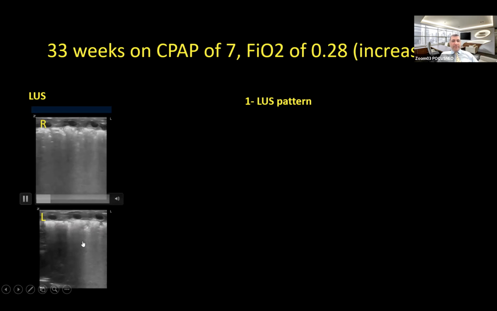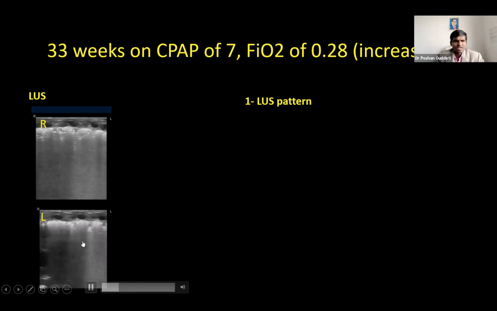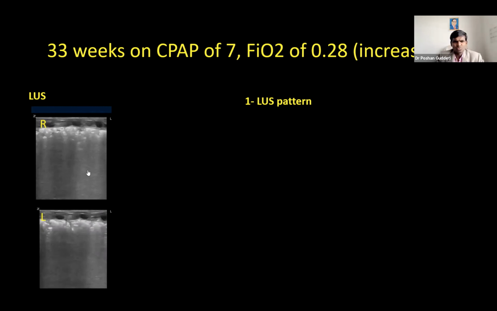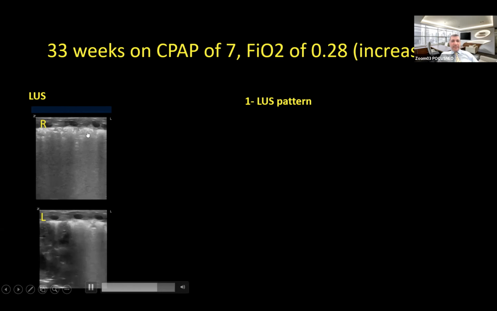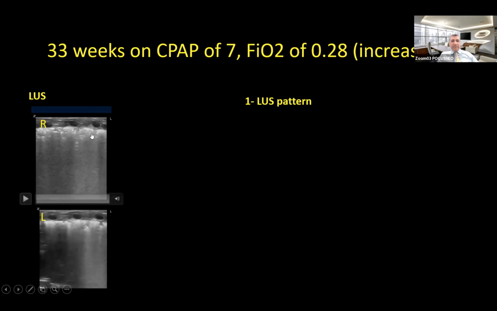Anyone can participate? I think the right side looks like it's score 2+ or maybe 3, and even the left side score 3. Actually, both sides are more homogeneous than that, because I can see air bronchogram and interrupted, discontinuous pleura on both sides.